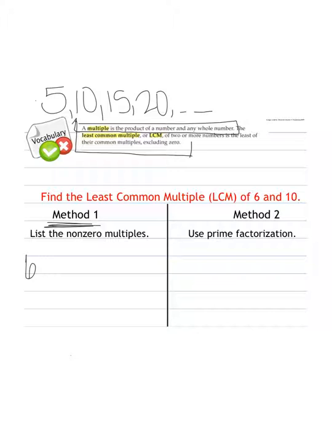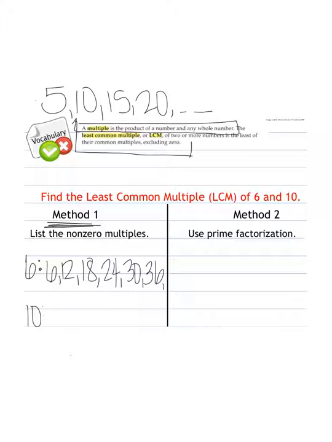Method 1, I have 6. So I'm going to start listing out some of the multiples. So 6, 12, 18, 24, 30, 36, and I'm going to stop there for now.